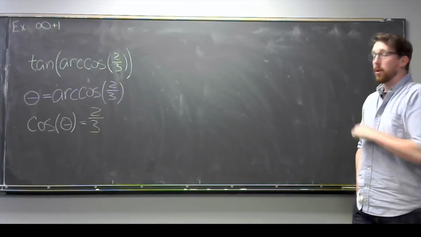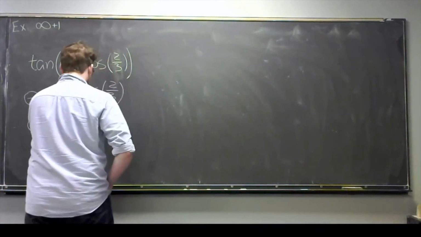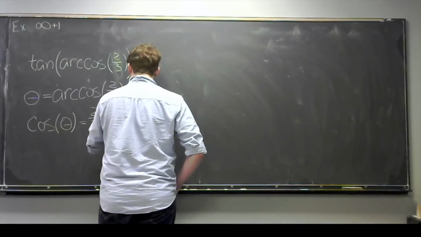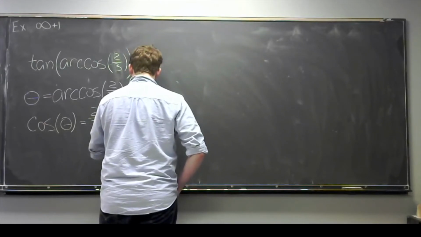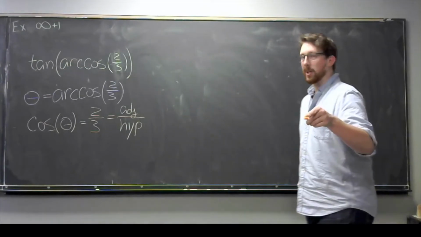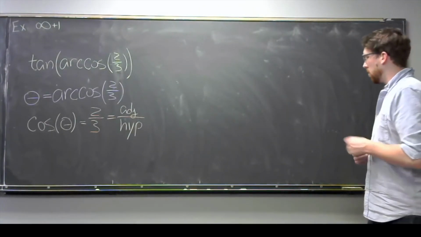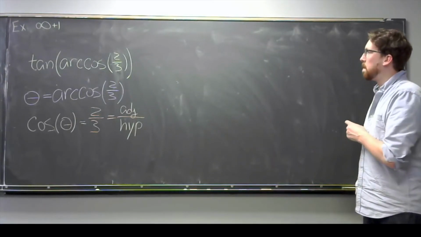And I do know that cosine is equal to the adjacent divided by the hypotenuse. So we can draw this out a little bit and get an idea of what's happening here. Maybe if we do that, we can solve this problem.